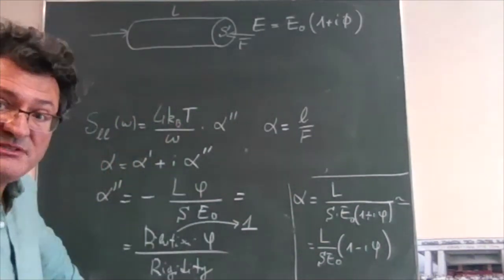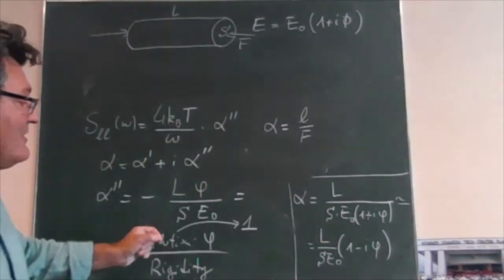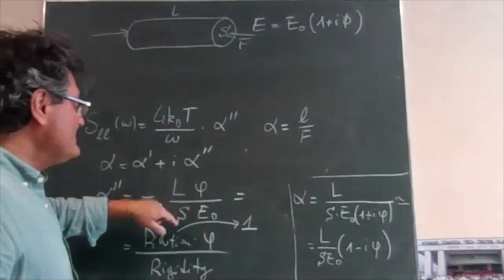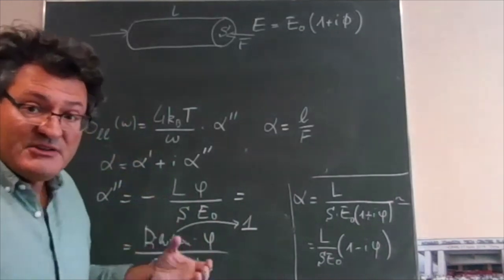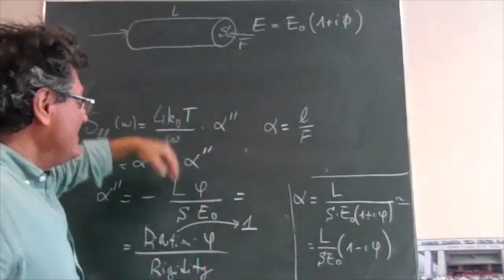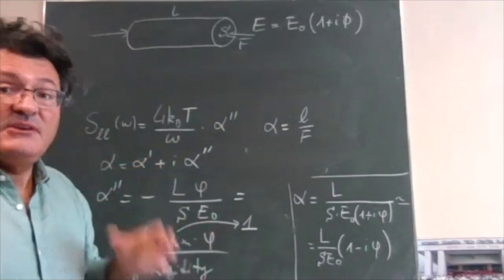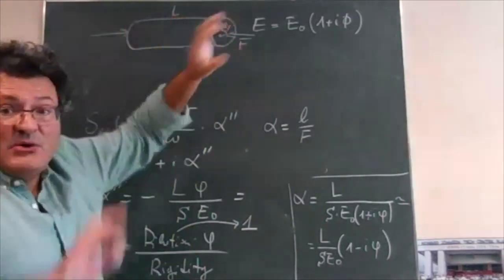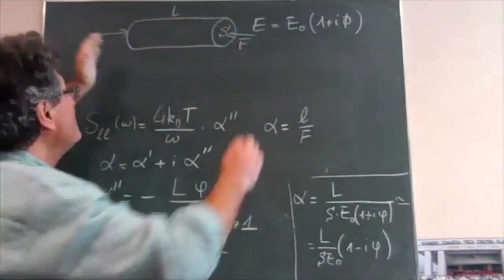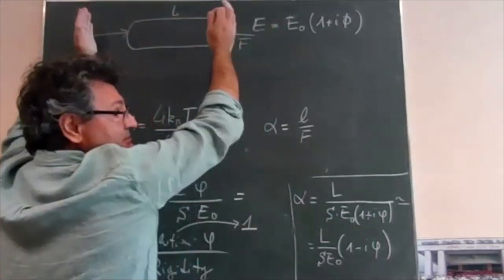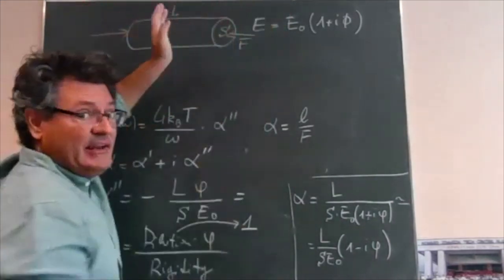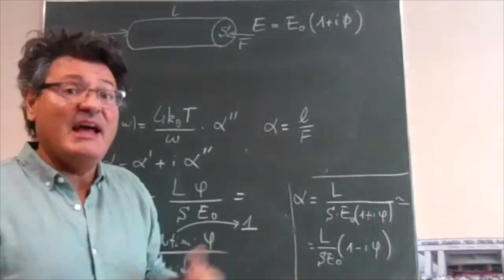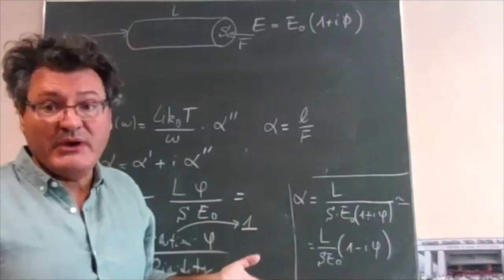There is no expression. And maybe now you understand, well, later on it will be much clearer. But the dilution function is telling us where the dissipation occurs. In this case, the material is homogeneous. So when we apply the force, we apply a strain everywhere in the material, and the dissipation occurs everywhere in the material in the same way.